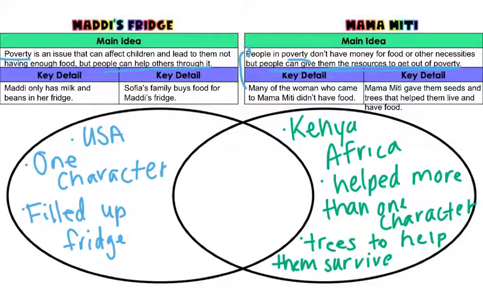So we know that both of these are similar, both talking about poverty. I can look at my main idea to know that. And both stories are about not having enough money, and also not having enough food.